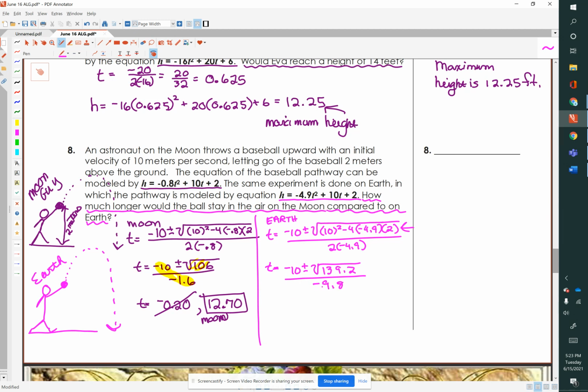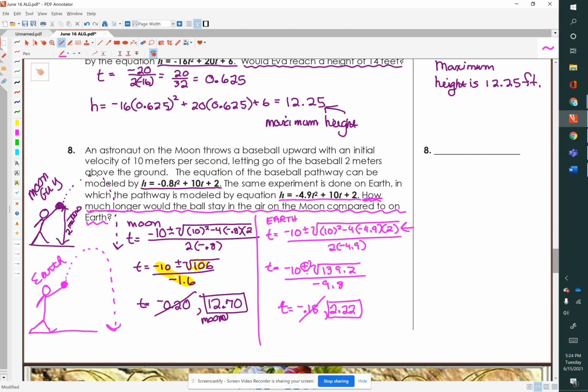If we evaluate negative 10 minus the square root of 139.2 divided by negative 9.8, the answer we get will be t equals negative 0.18, and that answer cannot be correct, so that's our throwaway answer. And if we evaluate negative 10 plus the square root of 139.2 divided by negative 9.8, our answer will be 2.22 seconds.